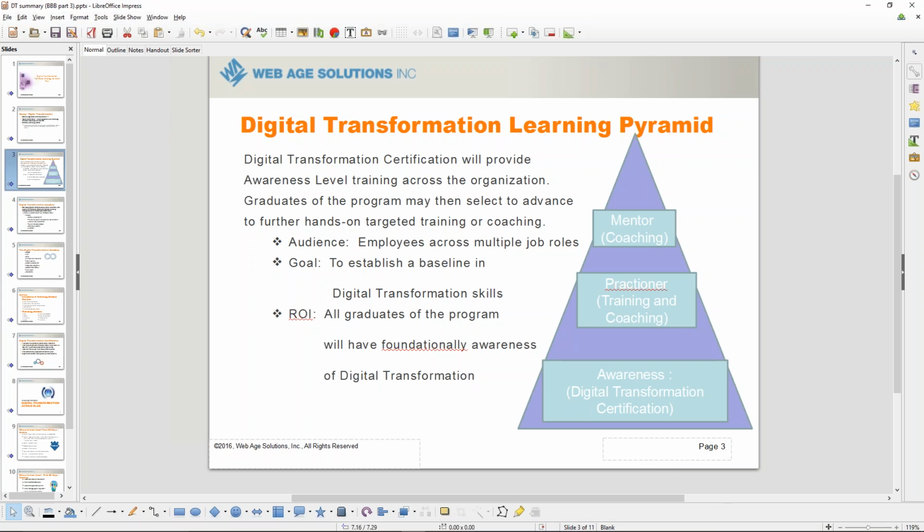And so we want to make sure that the organization gets information and essentially a foundational awareness. What that often means is simply a survey course.